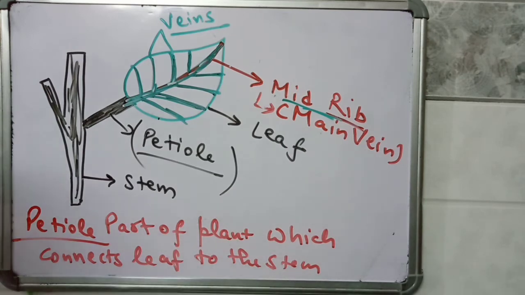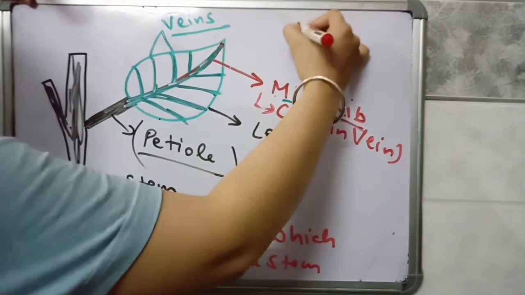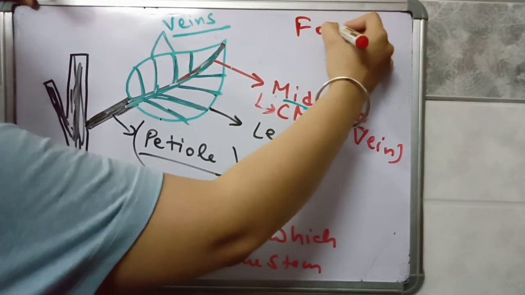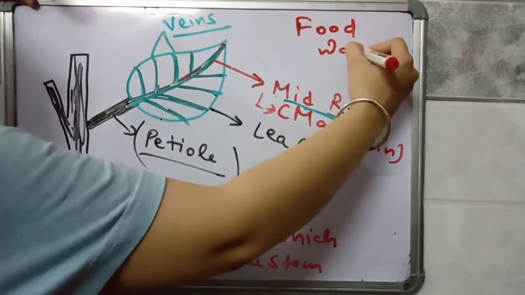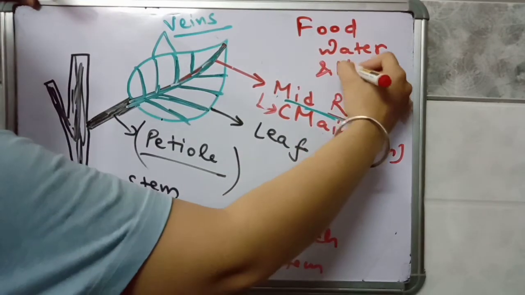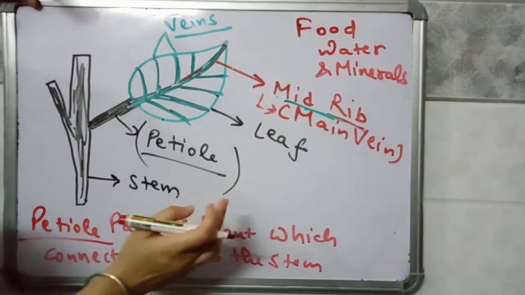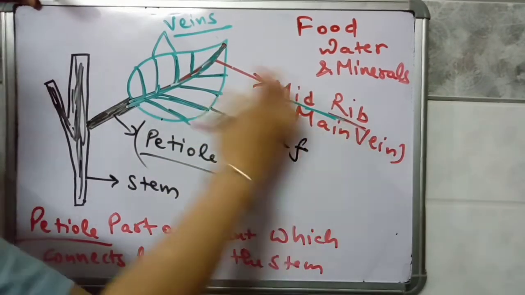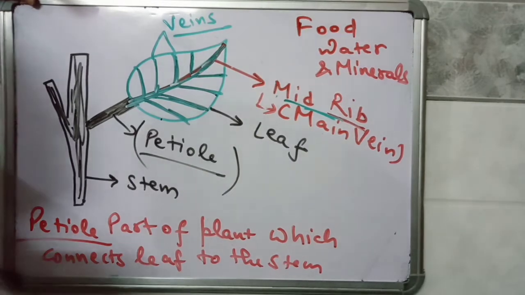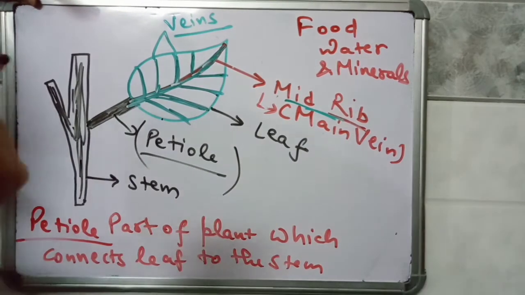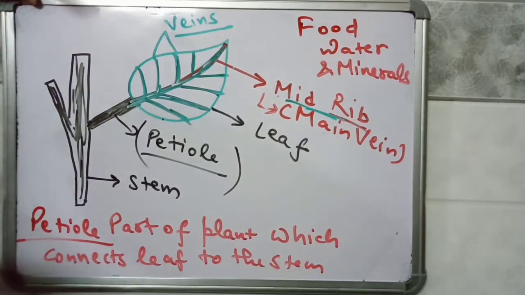What other functions are they doing? They help to transport food, water and minerals. In the midrib, main vein and veins, several small tube-like structures are present.